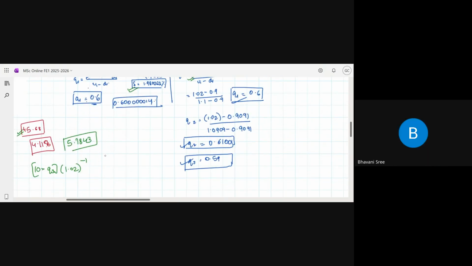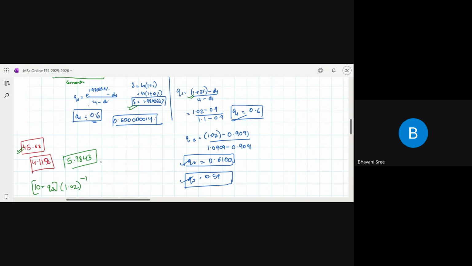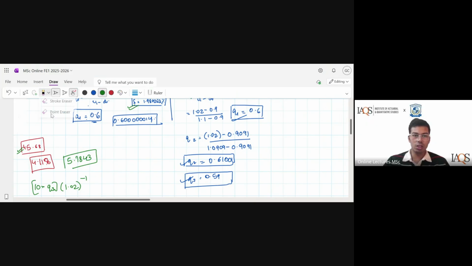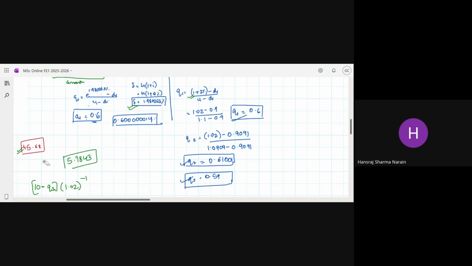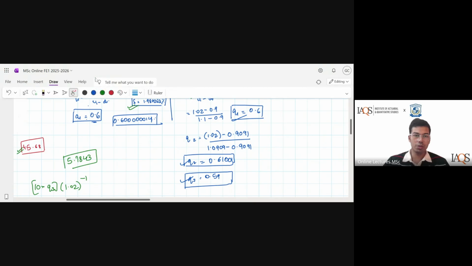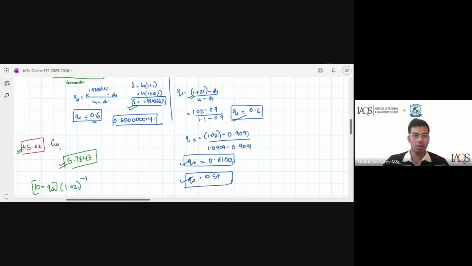So Hansraj, did you get the reason for the difference? I'm still calculating. Okay, let me know if you don't get it, I'll explain. So now this is C up, this is ideally C down, and C 0.